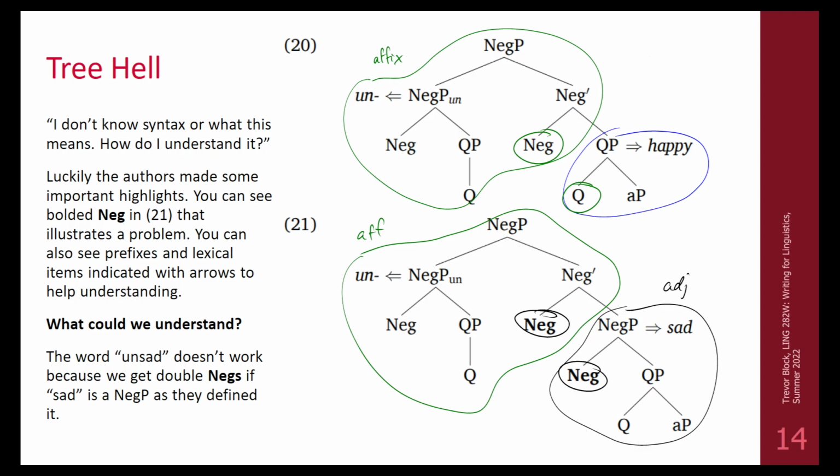And of course, that's more of an advanced strategy when you're used to seeing these things. So this is me clearing a little bit of it up. Really, what we should get out of it on our first read is just noticing the double negatives when we get unsad and not noticing the double negatives when we get unhappy. That would be good enough.